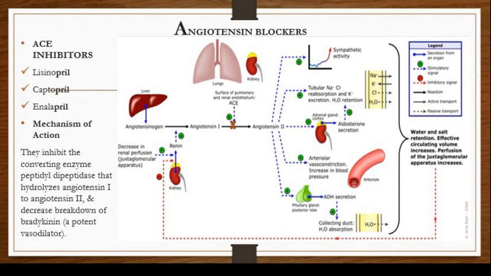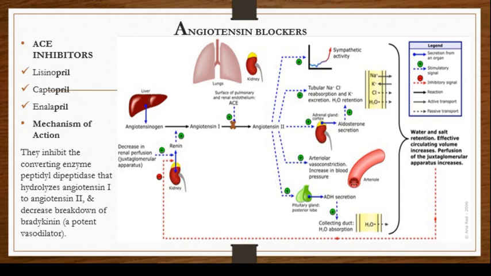Basically, this is how angiotensin converting enzyme inhibitors work to help reduce blood pressure in a patient with hypertension. They do so by inhibiting the converting enzyme, which is peptidyl dipeptidase, also called angiotensin converting enzyme, and prevent it from converting angiotensin 1 to angiotensin 2.